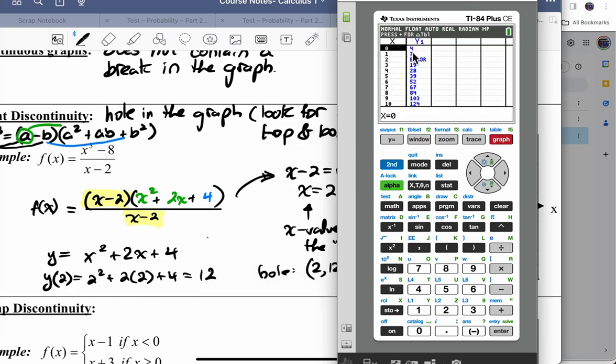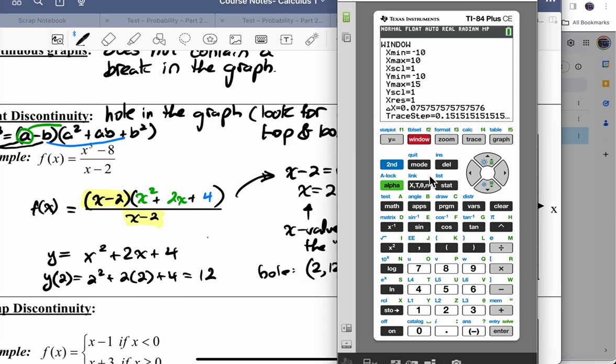In the table, I know that at 1 I'm at a height of 7, at 3 I'm at a height of 19, so 2 is going to be a height somewhere in between 7 and 19. So I'm going to choose something in that neighborhood. I can go as high as 20 if I want. It really doesn't matter. 15 is going to do the job. So I'm going to hit graph. For those of you who are not 100% familiar with these calculators, once you edit the window, just hit graph to bring up the display.